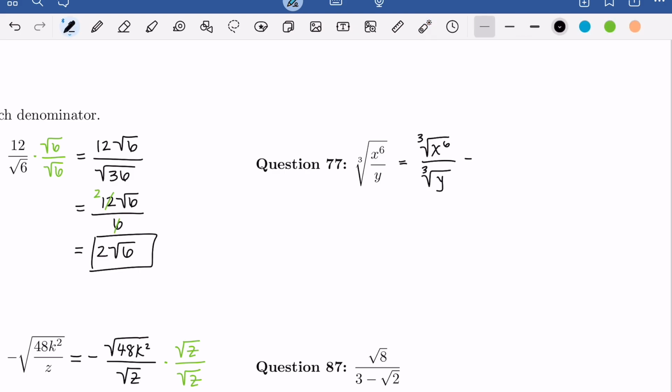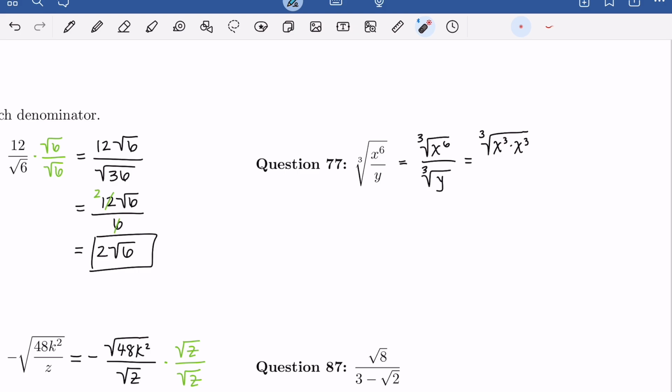So before we try to rationalize this denominator, let's first simplify the numerator if possible, and in this case it is possible. We can split up x raised to the 6th power into two factors. This would be x cubed times x cubed. Remember our exponent rules here. If we're multiplying x cubed times x cubed, this is the same thing as adding their exponents.